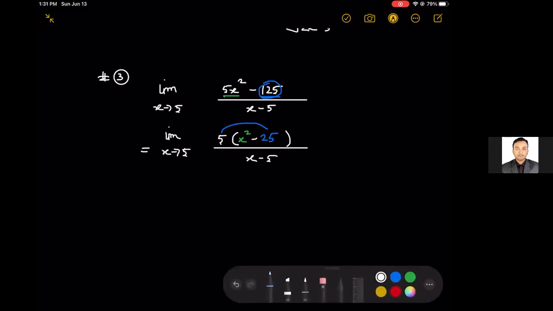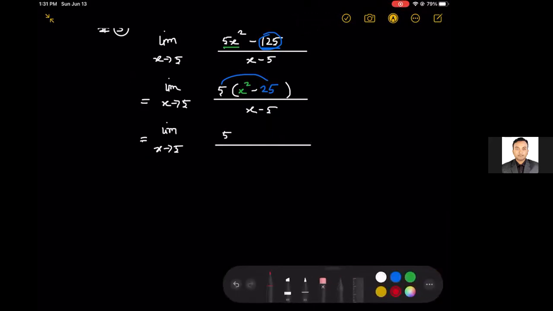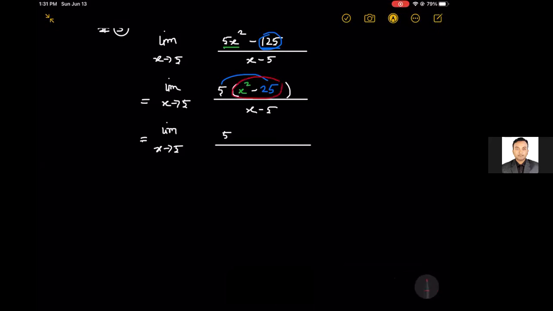Now let's see if we can do any other modification to it which will simplify our life. So now let's keep the 5 outside. I can actually use another formula on x squared minus 25.